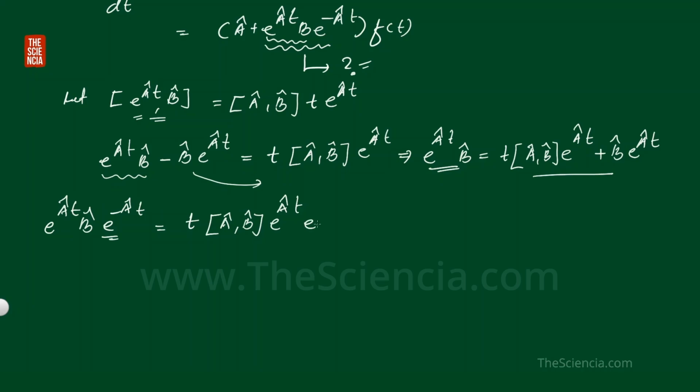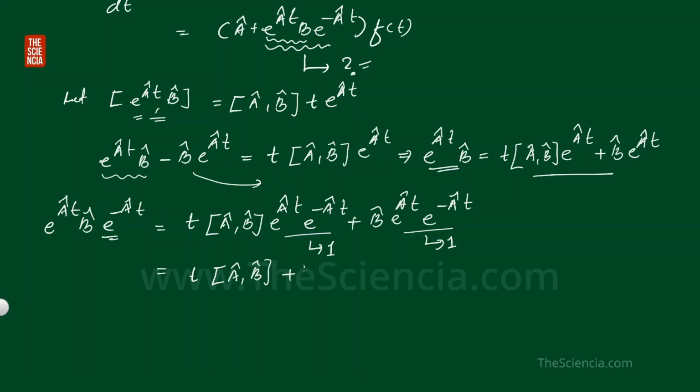Now e^(At) e^(-At) is equal to 1, and this one also becomes equal to 1. That is, we get t [A, B] plus B.